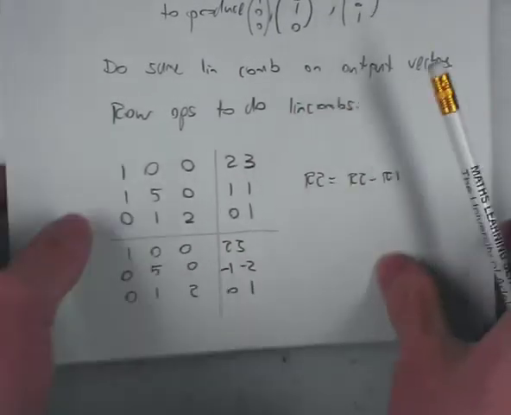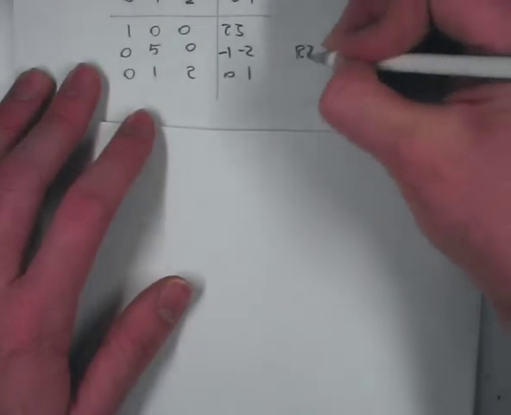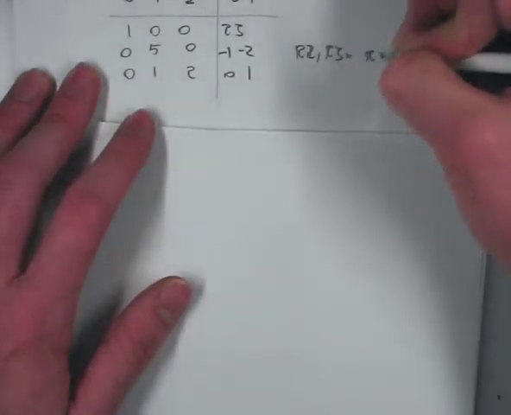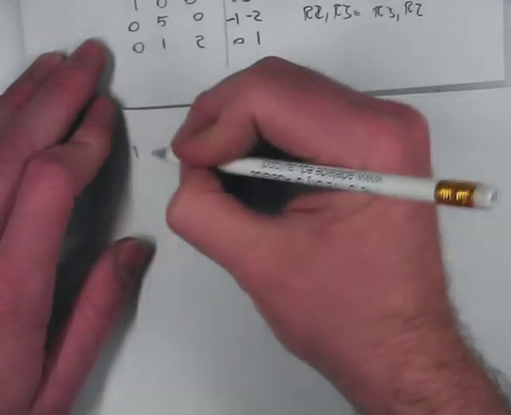Like that. And then I might switch these last two rows. Or if you had a calculator that was clever enough, you could do it in your calculator.